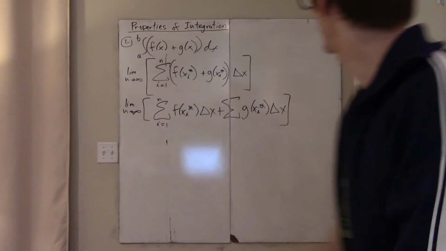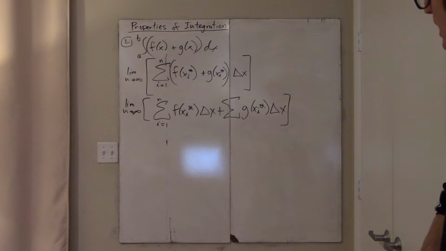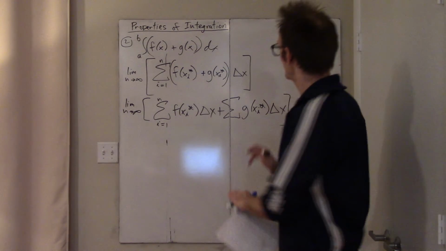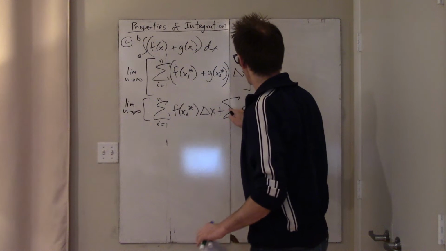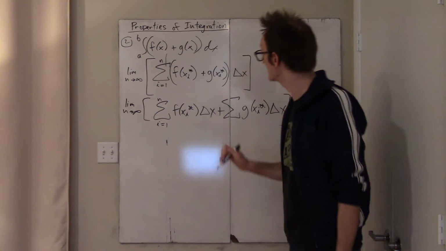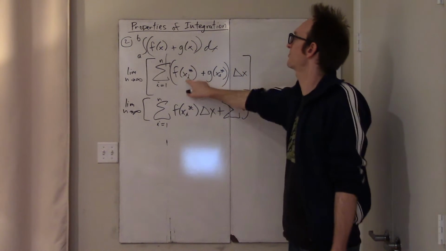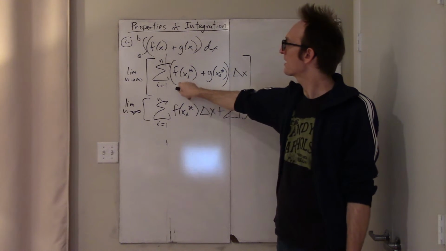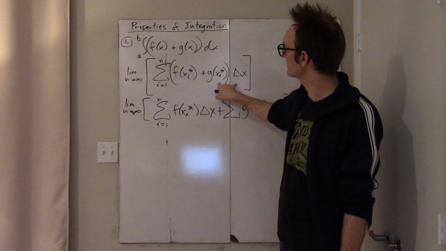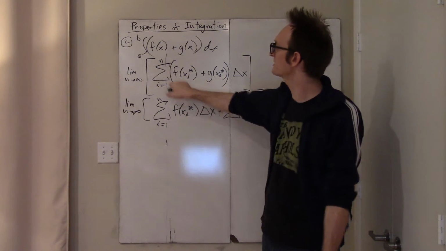Okay, and what's going on here? What have I actually done? What algebra have I followed? Well, I just did the distributive property, and now I would have two things, f times delta x and g times delta x, and I'm adding up those two things n times.